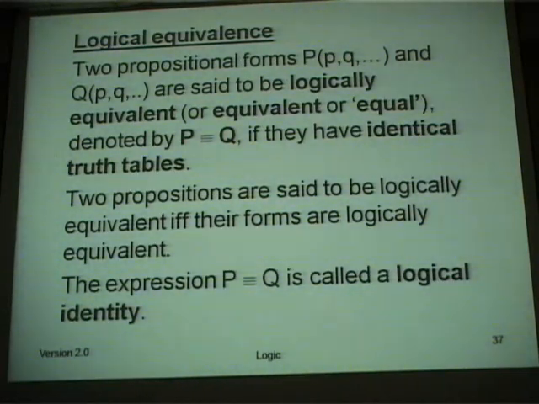We say they are logically equivalent because we only deal with the logical truth values. So p and q represent two different compound propositions, and we say they are logically equivalent if they have identical truth tables.